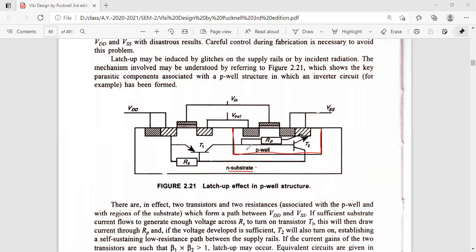In this P-type well you have to form the N plus source and N plus drain, which is where you form an NMOS transistor. In the N-type substrate, you will form the P plus source and the P plus drain.